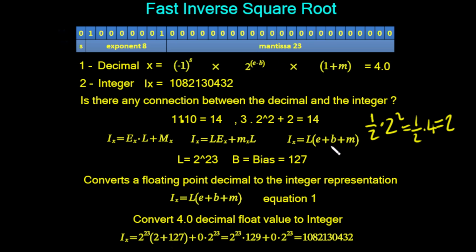So it means that we can just replace this e here, the exponent, with the value for the exponent. So the value for the exponent we know is going to be the e plus b. Okay, so it's going to be the actual exponent plus the bias. So an actual exponent plus the bias will give us the actual value that we're going to put in here.